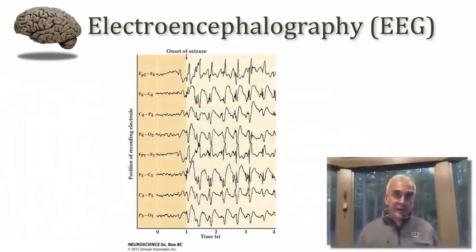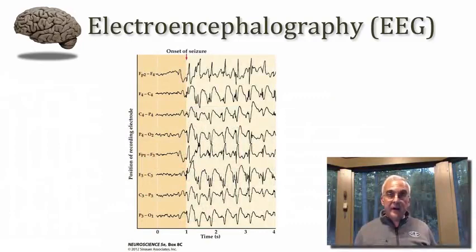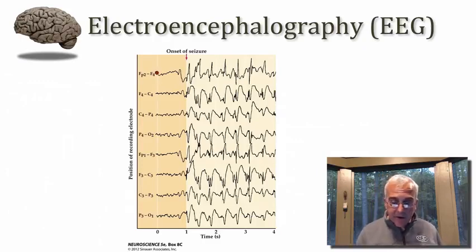Highly synchronous electroencephalographic activity can be the hallmark of a seizure. So this is a representation of electroencephalographic data from an individual that experienced a seizure. Here we see healthy looking, high frequency, low amplitude activity recorded between pairs of scalp electrodes.